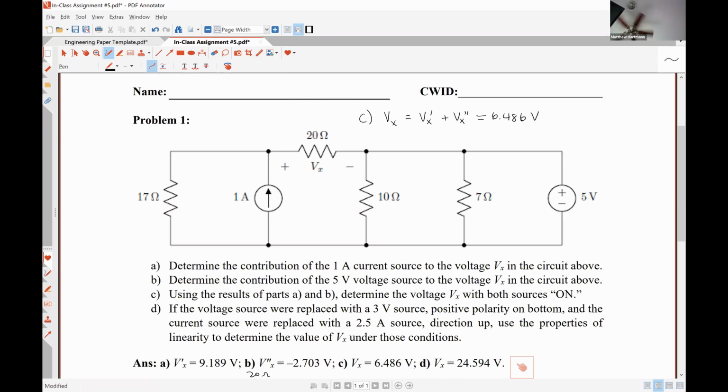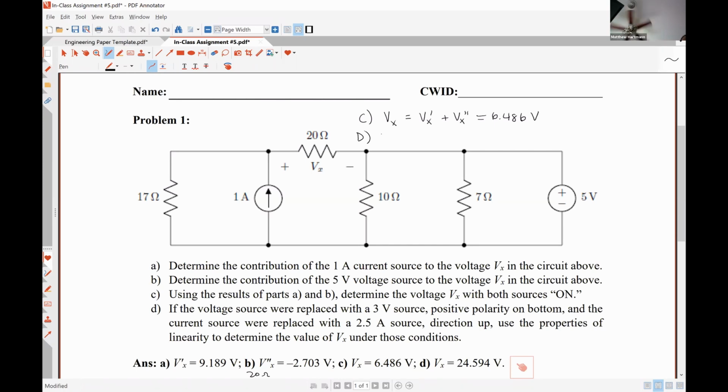homogeneity or scaling property. So part D says, if the voltage source were replaced with a 3-volt source, positive polarity on the bottom, and the current source were replaced with a 2.5 amp source, direction up, use the properties of linearity to determine the value of Vx under these conditions. So let's look at part D real quick.